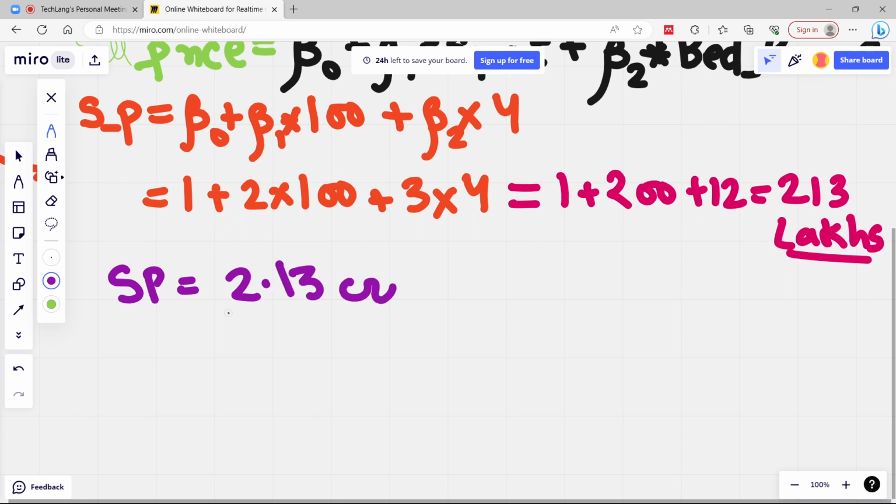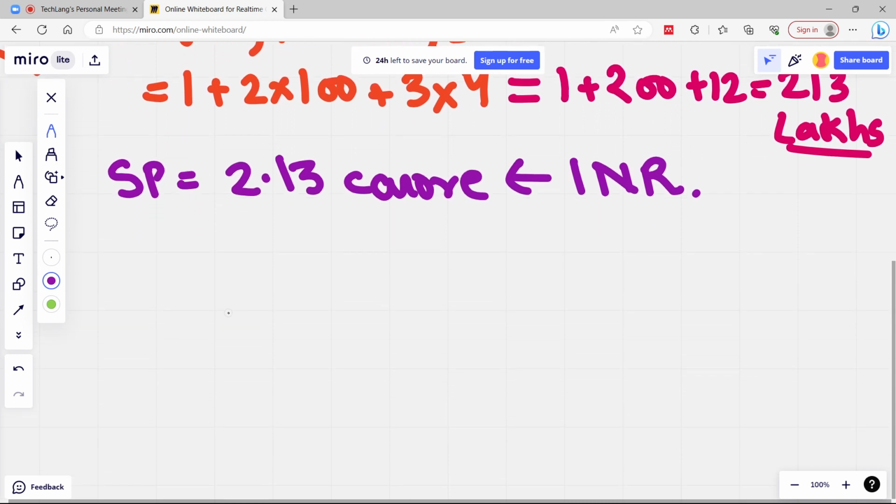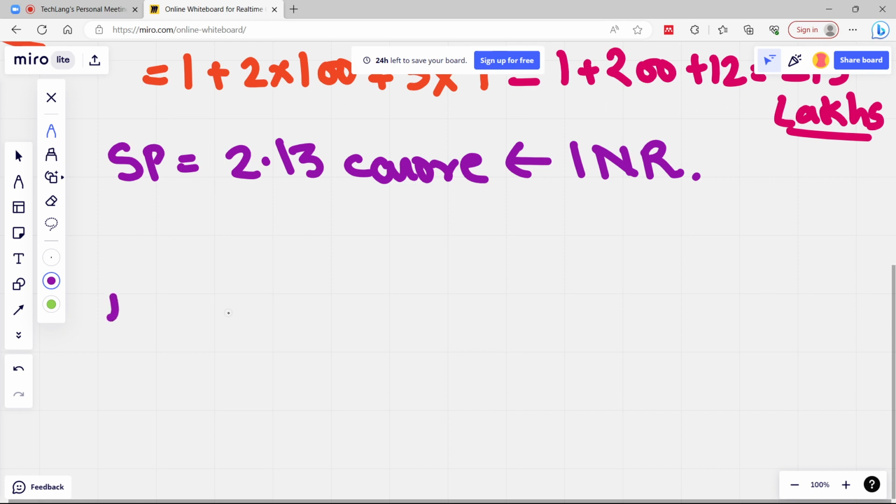Can I say this? So this is the amount at which I can sell my property, the money we get, in INR. All right. So again, come to the point. What are beta 0 and beta 1 here?